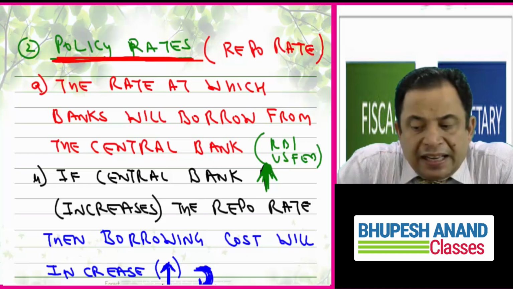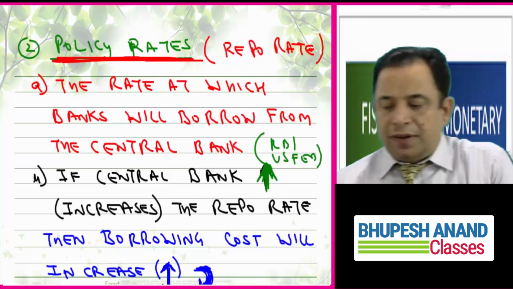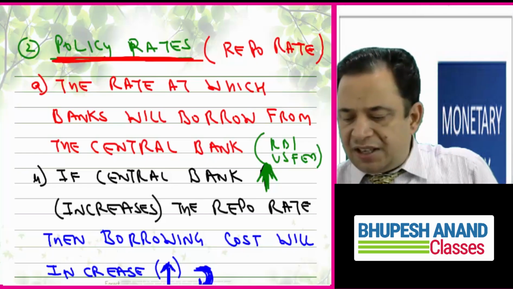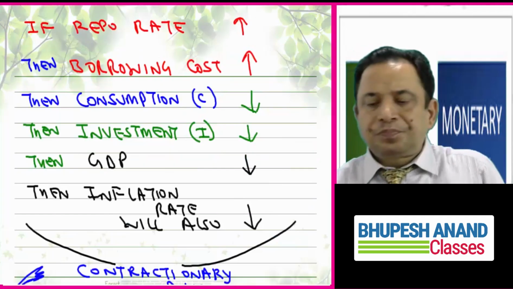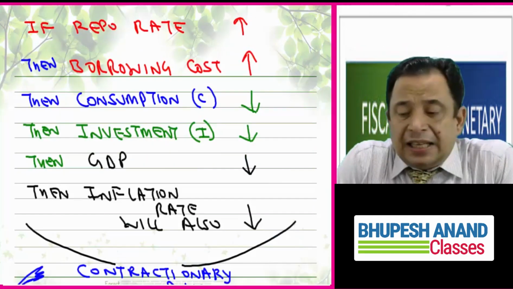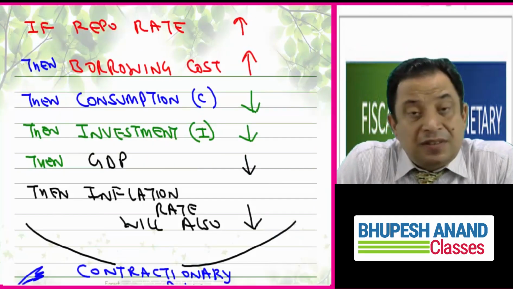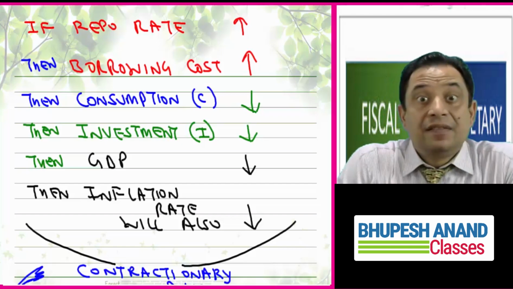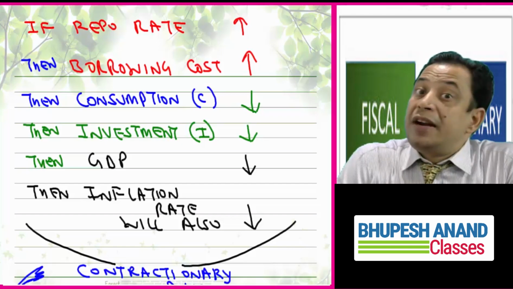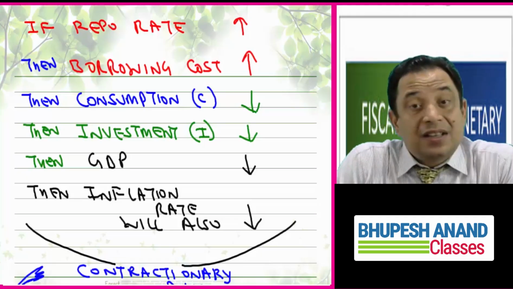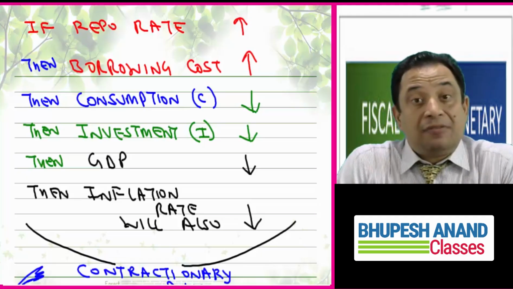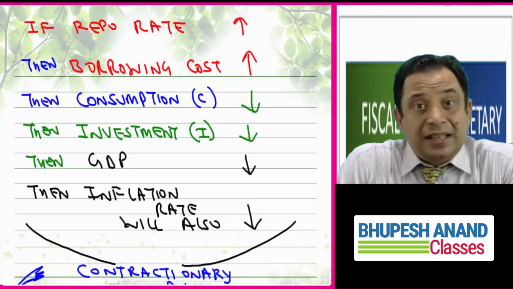If the central bank increases the repo rate, then the following cost will be increased. Very natural, very intuitive. If repo rate increases, then borrowing cost will increase, then consumption will decrease. When borrowing costs increase, it is a demotivating factor for the public. People will not borrow because interest costs have increased, and when they do not borrow, they will not have money, they don't have the liquidity.